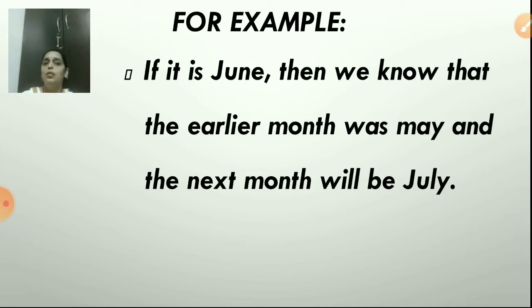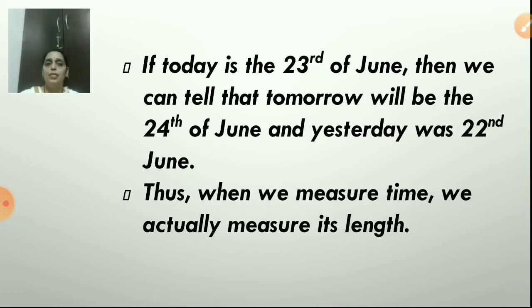If today is 23rd June, then we can tell that tomorrow will be 24th June, and yesterday, the day which we have already spent, was 22nd June. Thus, when we measure time, we actually measure its length.